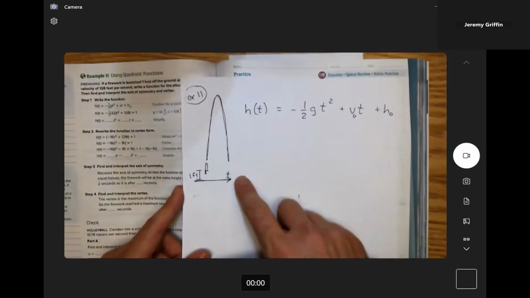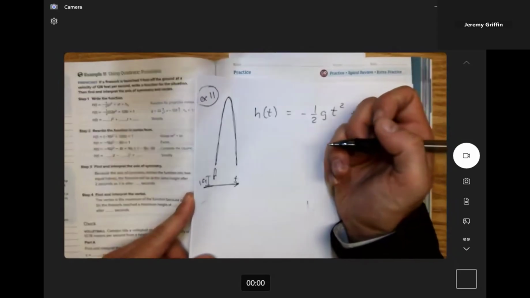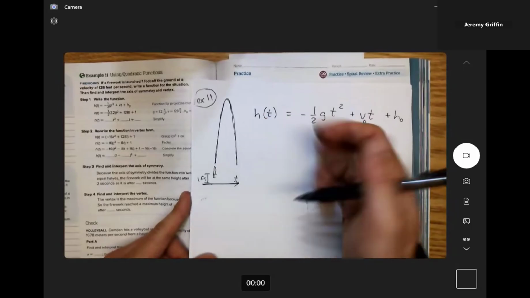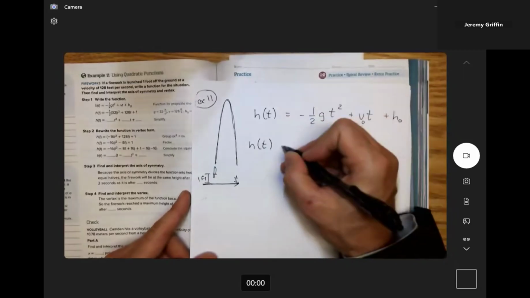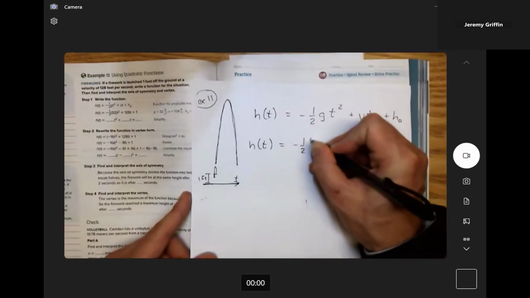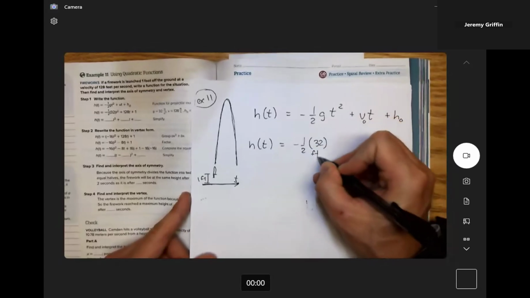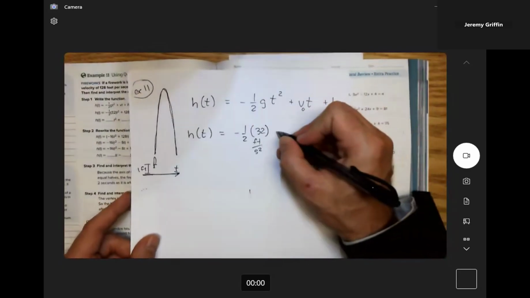Okay, so let's pop in the values. I can leave h of t by itself, or I could say y equals, I'll just leave it as h of t. So we'll make a whole parabola out of this. Now for g, I'm going to plug in 32 feet per second squared. I'll put the units once and then drop them after this and put the numbers there.